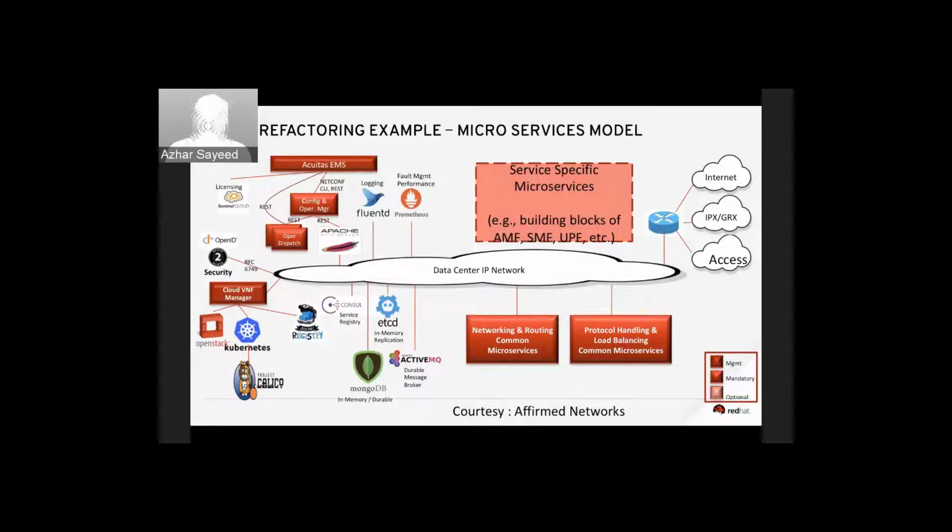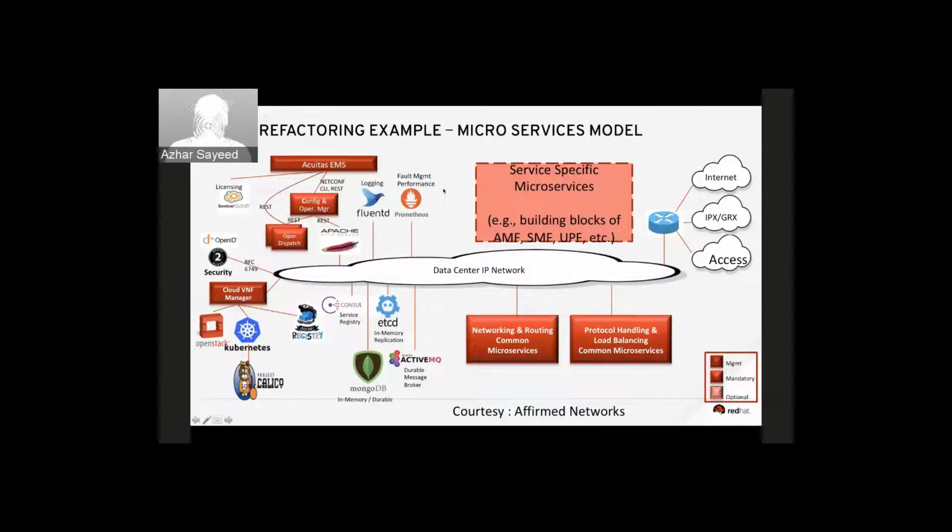There is a set of common microservices that we will use across many different components inside our network functions: fault management, logging, HTTP, licensing, security, registry, in-memory replication, MongoDB, ActiveMQ, different types of plugins for network, like the Calico plugin. So these are microservices that are already available as part of a commercial catalog.